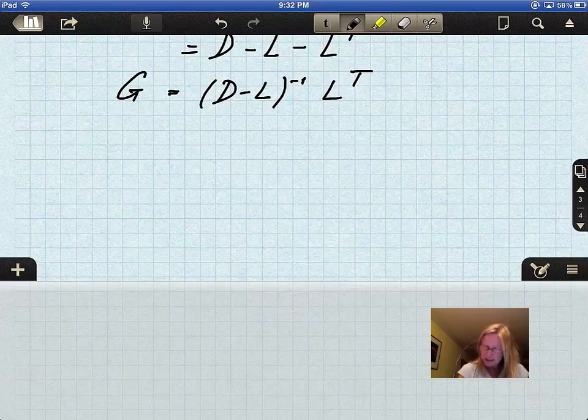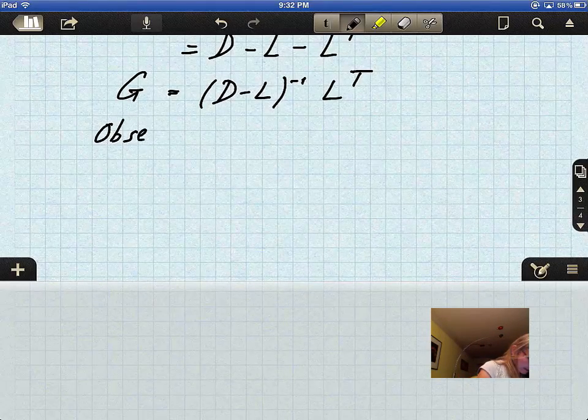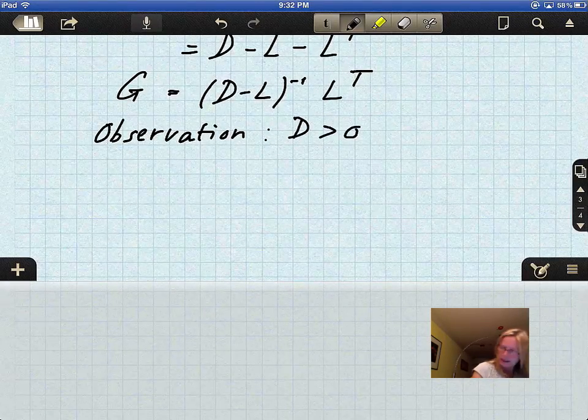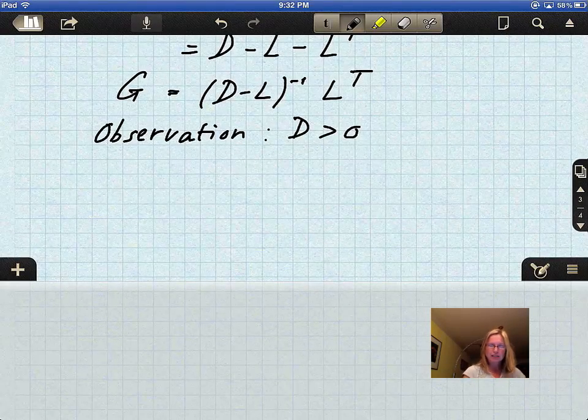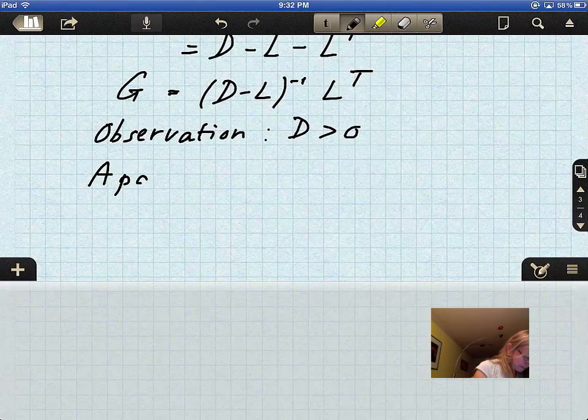Okay, now we first make an observation, and that is that D itself is positive definite. And that's not really so hard to prove, and I actually just want to do it because you can see this definition of positive definiteness again. So A is positive definite.